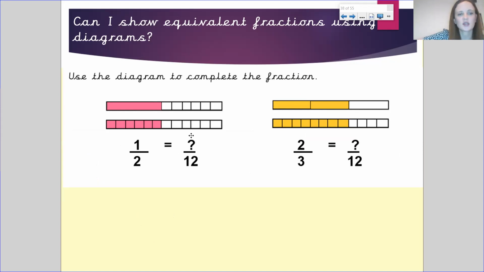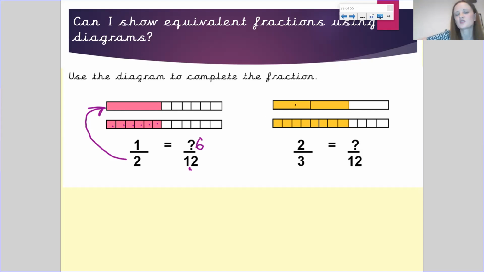So this fraction here is a half. And we can see that this one says, how is that equal to something over 12? So this has been broken up into 12 equal parts. How many equal parts make it so that it is equal to a half? And the answer is 6.